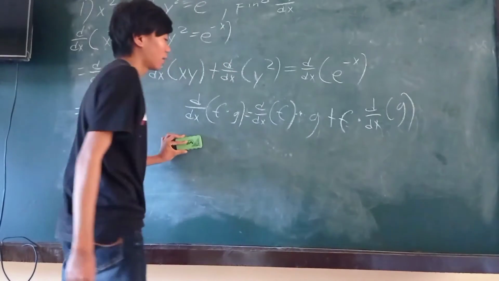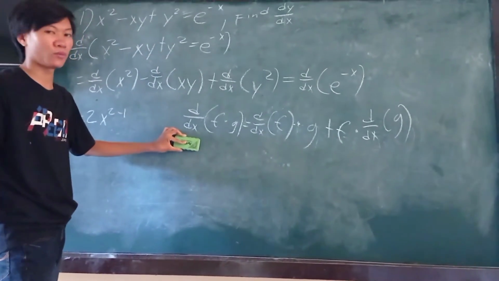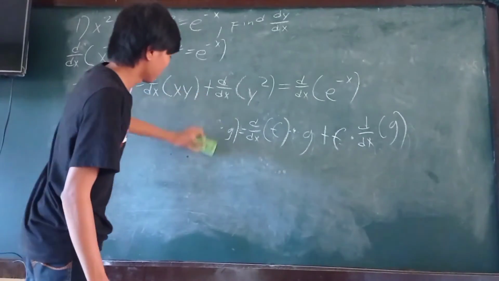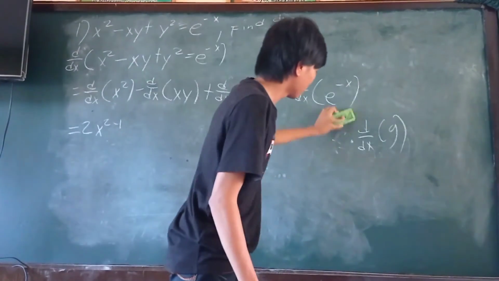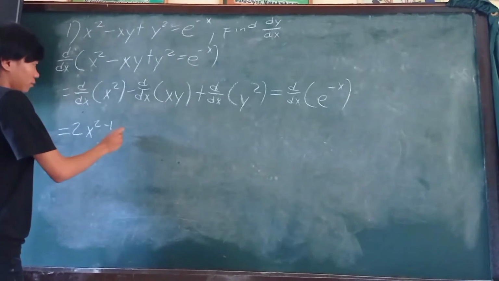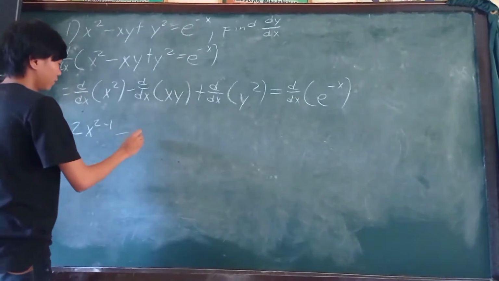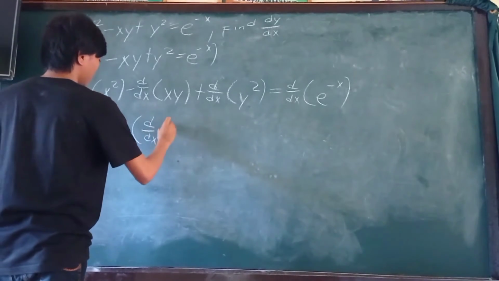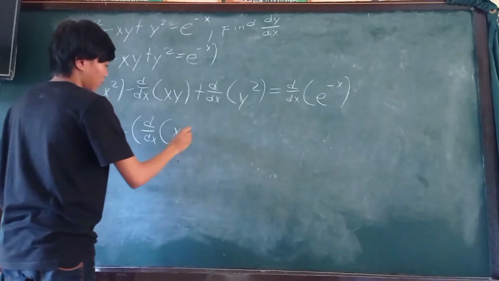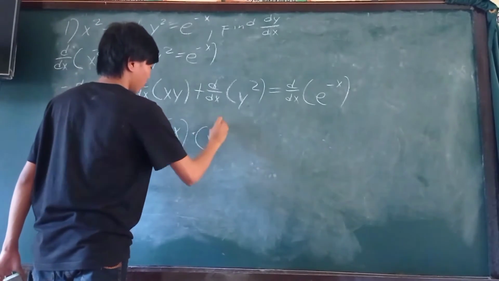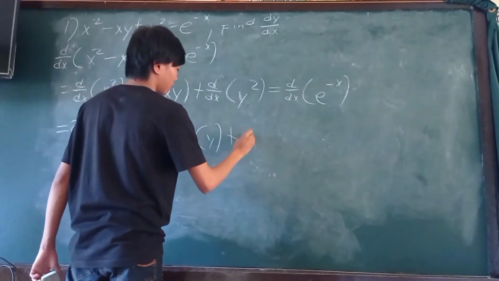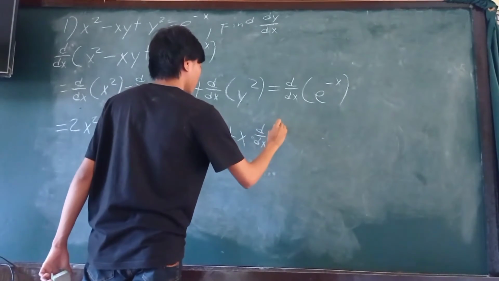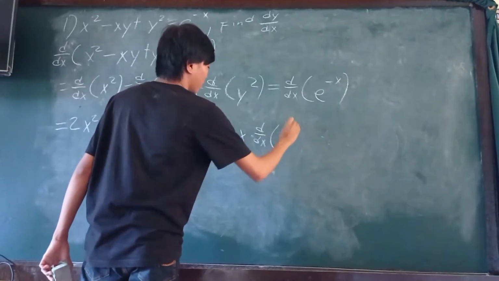So this is the formula we will use to get the derivative of xy. So negative d over dx of x times y plus x times d over dx of y.